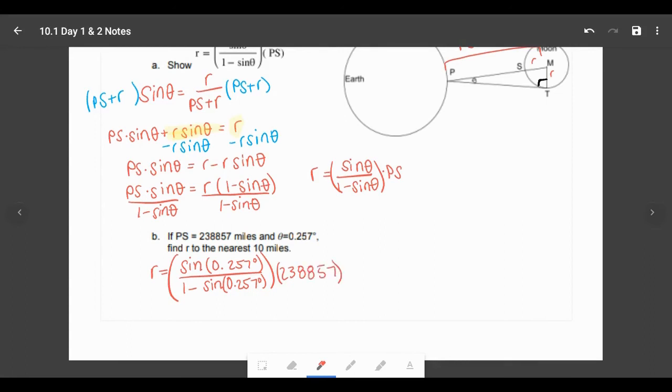And when I plug that into my calculator and round it to the nearest 10 miles, we get that we should have about 1,080 miles for the radius of the moon.